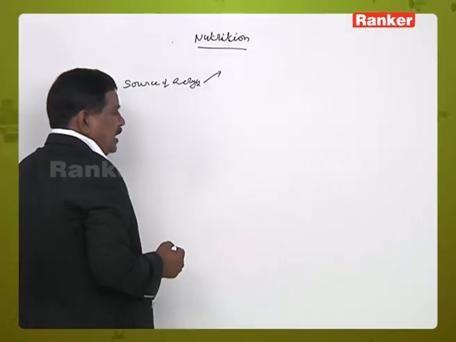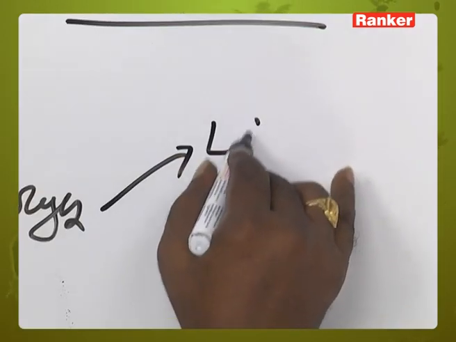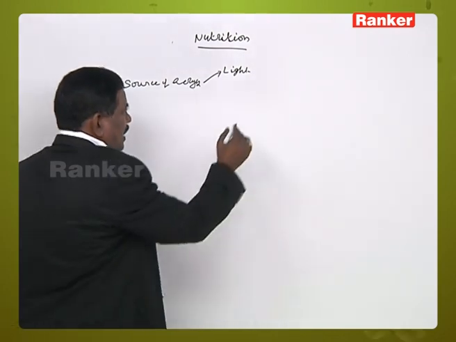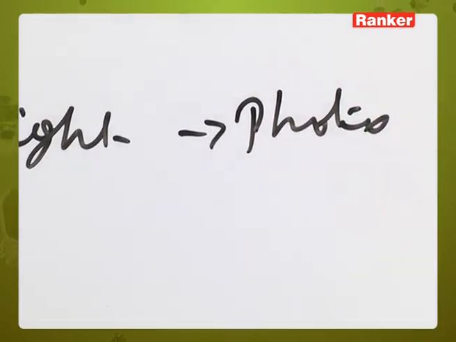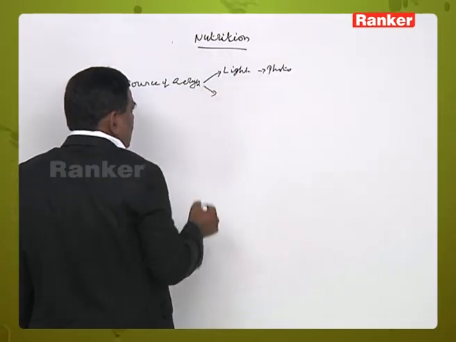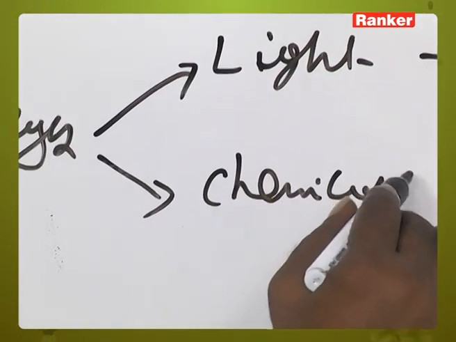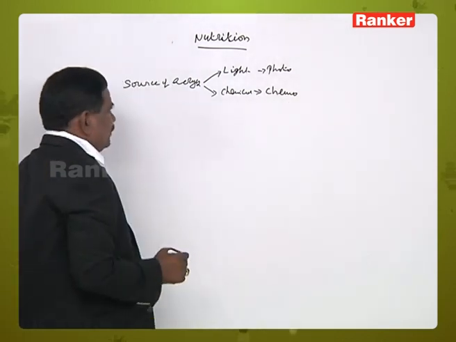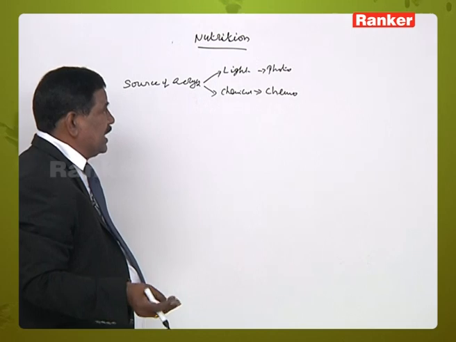If the bacteria obtain energy from light, they are called photobacteria. If they obtain energy from chemicals, they are called chemobacteria. So based on the source of energy, bacteria are of two types, photobacteria and chemobacteria.